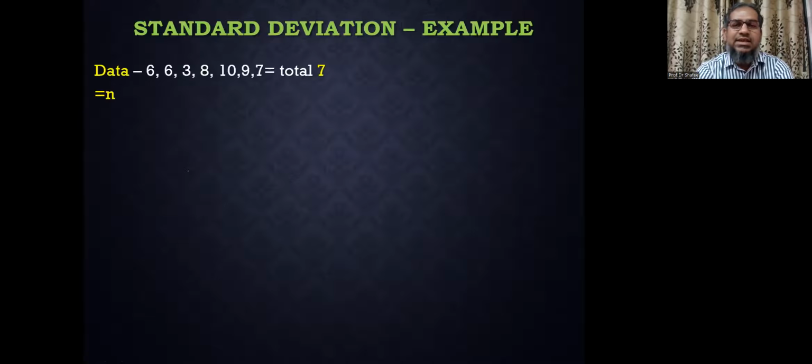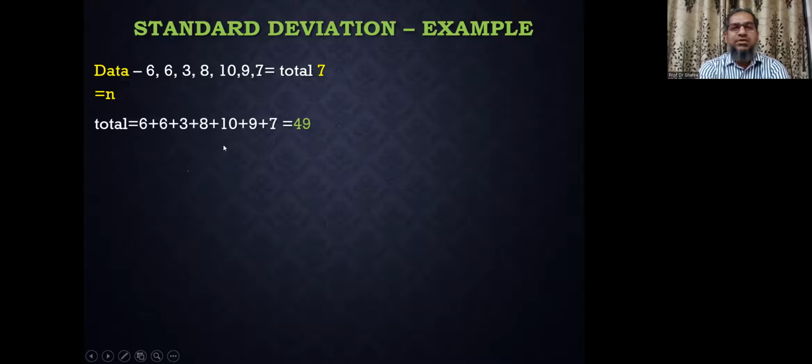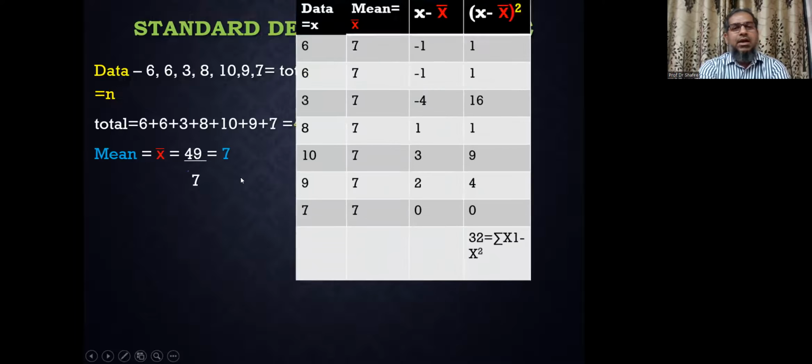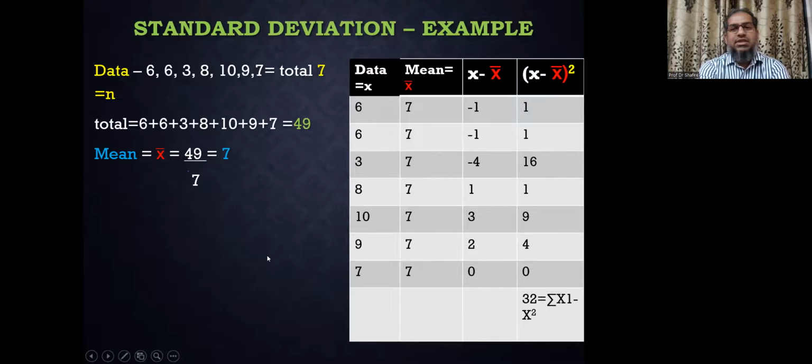Now, let us see one example. The same example we will follow, which we used for mean deviation. Seven observations are given. The total is 49. The mean is 7. We have also seen that the summation of the deviations is 12. Here you can see we have gone one step further: we have taken the squares of the mean deviation.